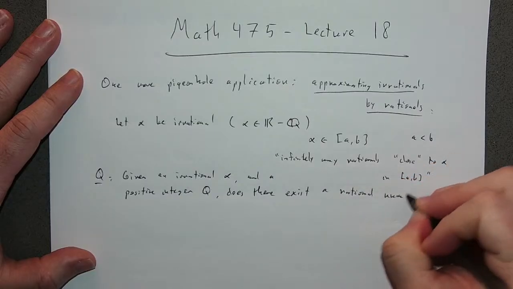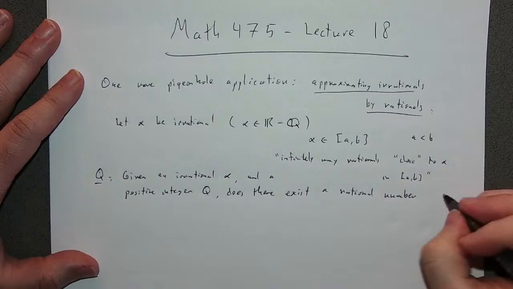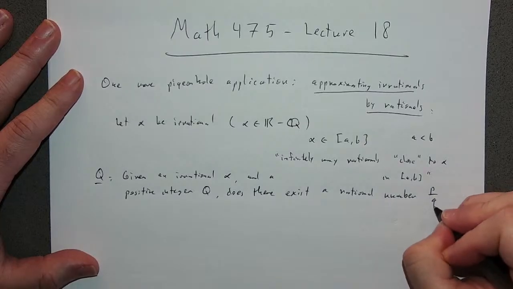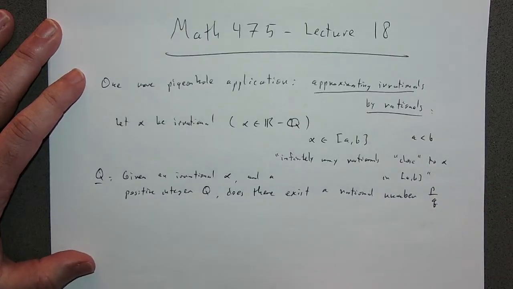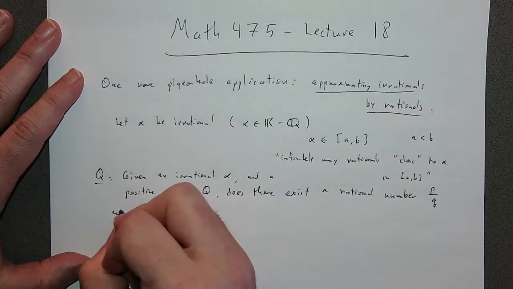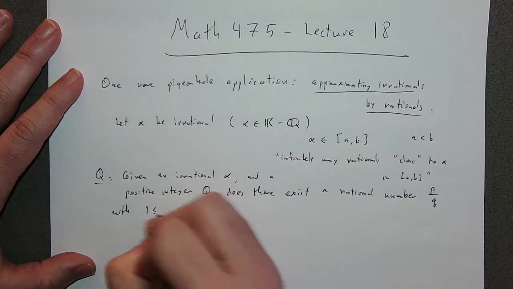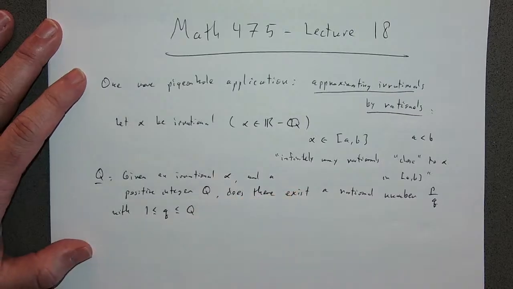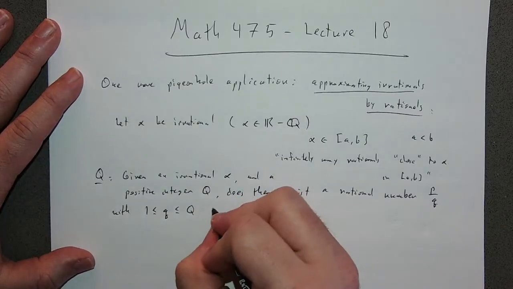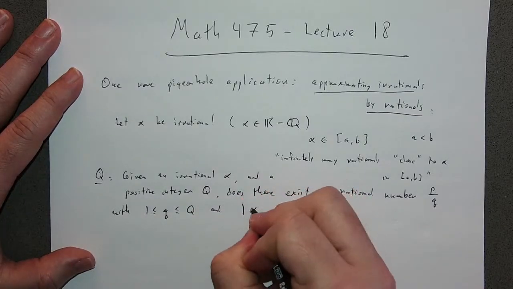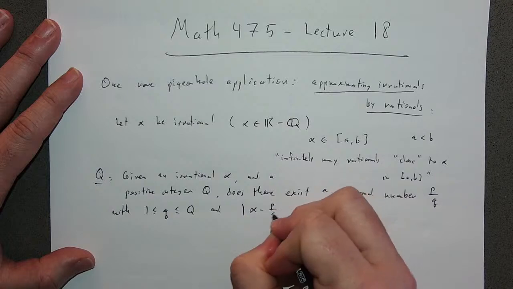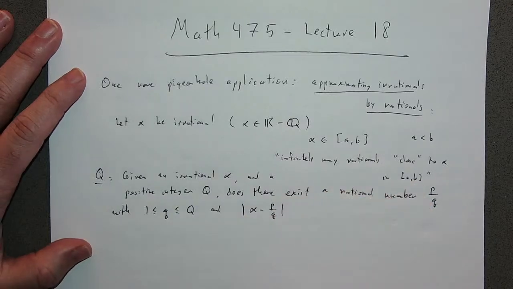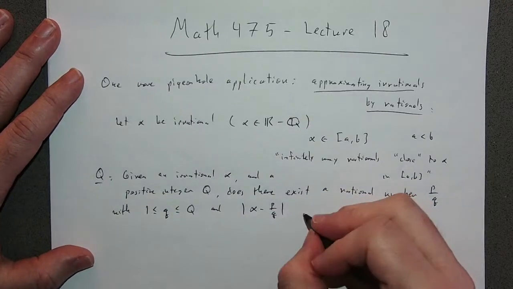Now, if it is a rational number, we can write it as p over q, where p and q are integers, with q between 1 and big Q, and the distance between alpha and p over q is especially small.